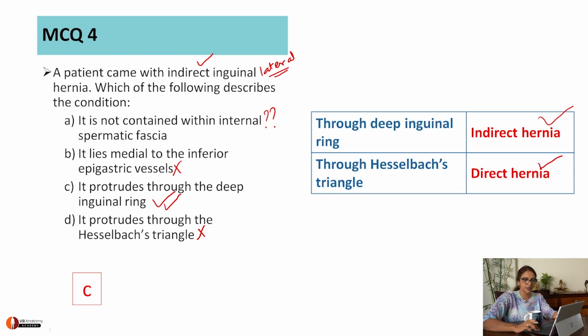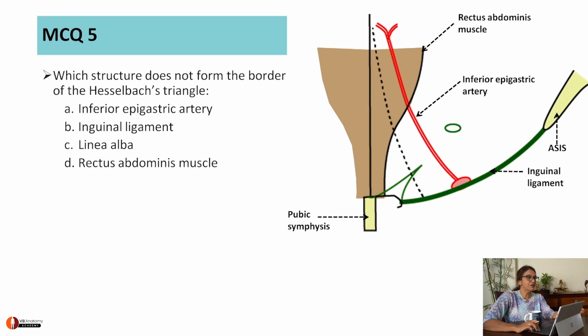Some basics. Question 5. Which structure does not form a border of Hesselbach triangle? Revised borders of Hesselbach triangle: lateral border of rectus abdominis, inferior epigastric artery, inguinal ligament. Now let's look at the options.